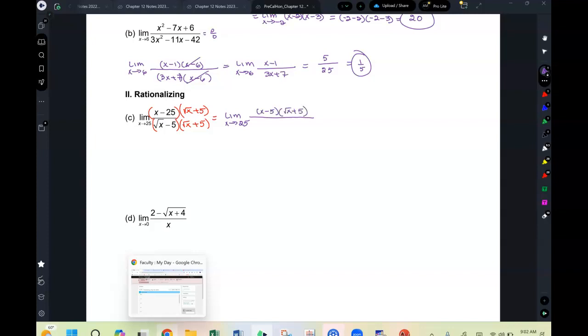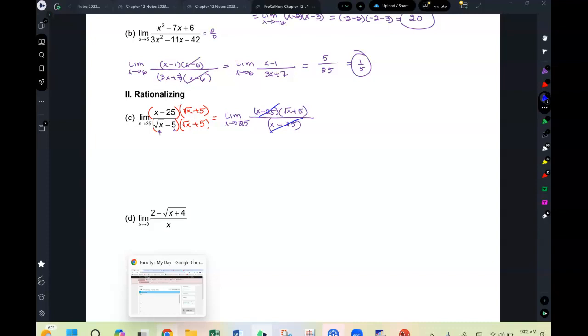In the denominator, it's a minus b, a plus b. Square the first one, you get x, minus, square the second one, you get 25. This should have been a 25 up here. And now look at what happens. Magically, these two will cancel each other out, right? That's how the problem is built.